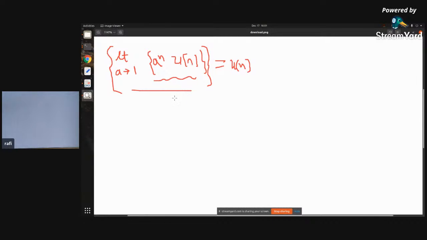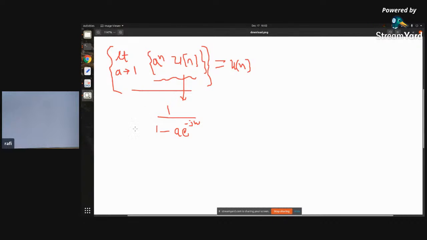Except at a equal to 1, for all other a, the result is 1 by 1 minus a into e power minus j omega, as in the solution. If you don't have the limit a tends to 1, you can directly find it.